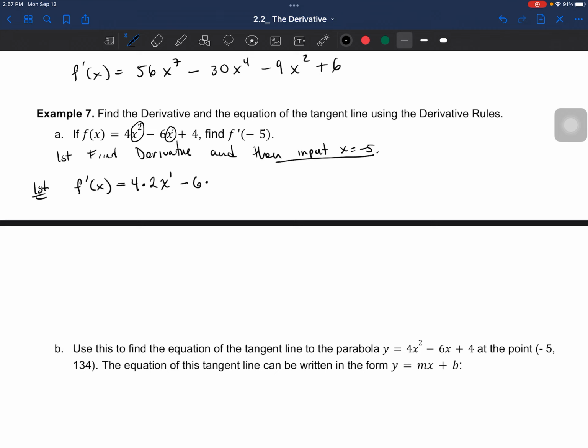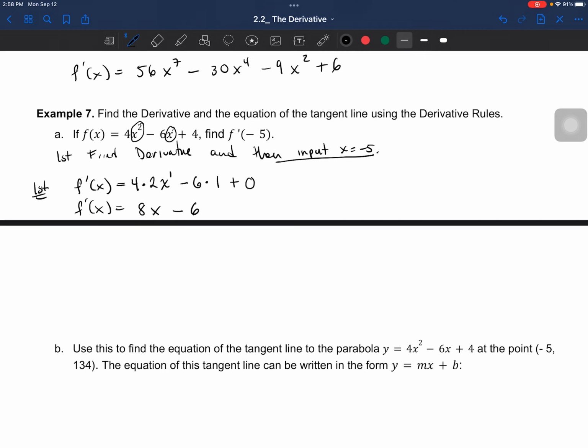So there's like an imaginary 1 there, right? But pretty much we know that the derivative of x is 1, followed by the derivative of a constant, which we know is 0. So we found the derivative to be f prime of x equals 8x minus 6.